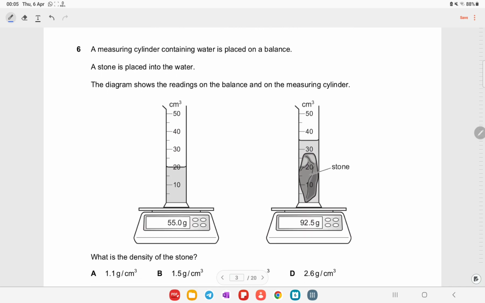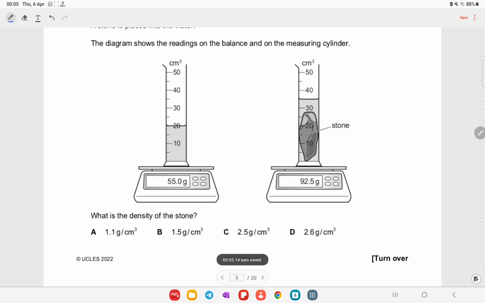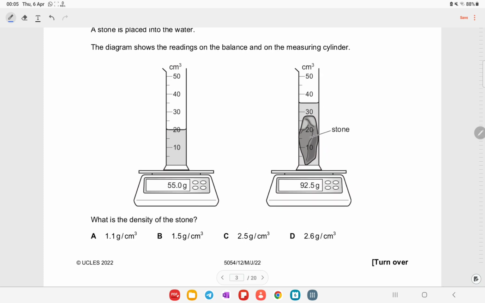Okay, now going to the next question. A measuring cylinder containing water is placed on a balance. A stone is placed into the water. The diagram shows the reading on the balance and on the measuring cylinder. What is the density of the stone? You know that density equals mass over volume, but you need to find the mass.